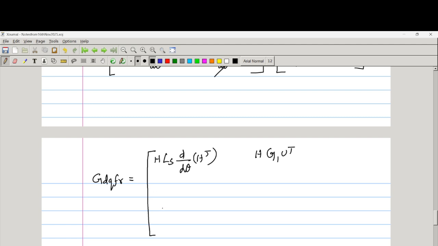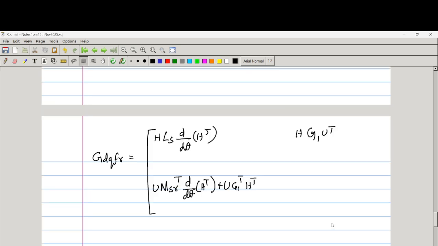Then we can have U MSR transpose d by d theta of H transpose plus U G1 transpose H transpose. Then let me move this somewhere here. So then here we can write it as U LR d by d theta of U transpose. So like that we have to write.